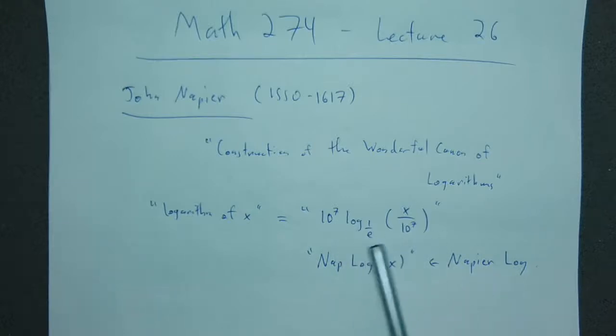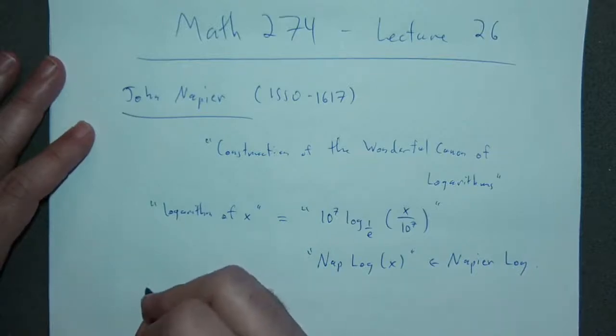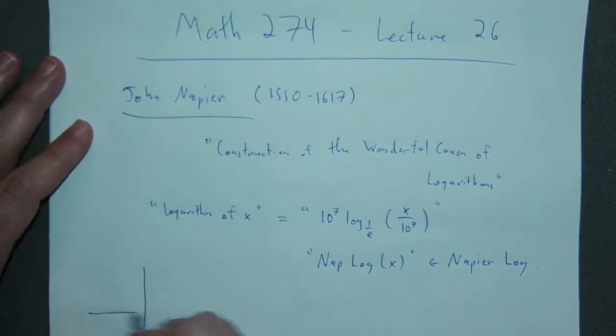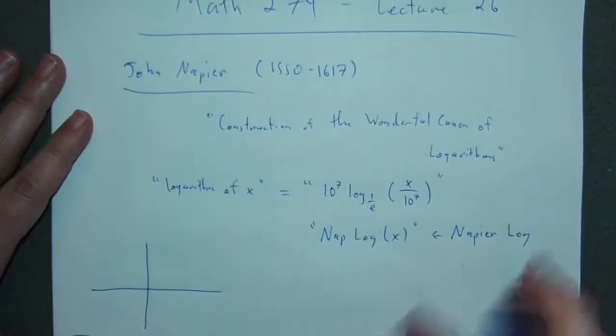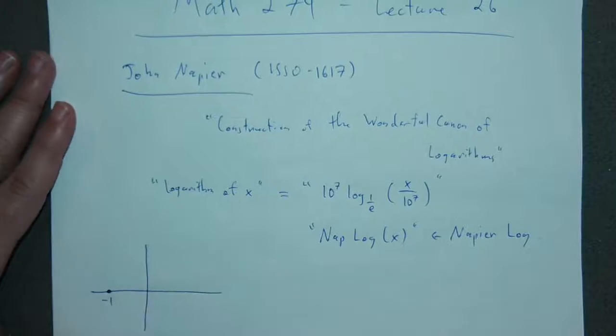To show you why we get log base 1 over e here, the construction that I mentioned last time is the following. Imagine that we're looking at the plane, and imagine I'm starting at the point -1.